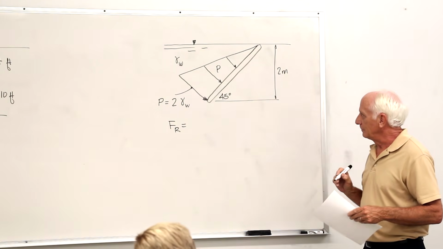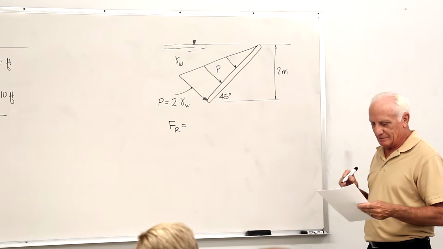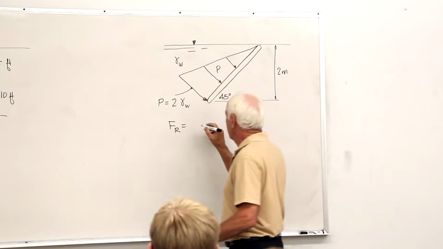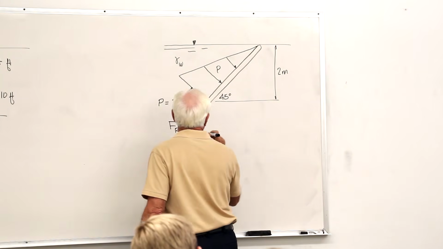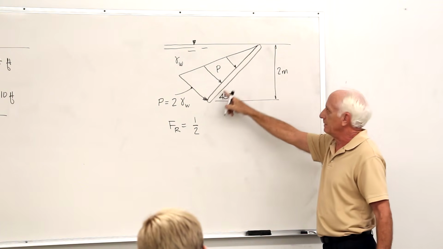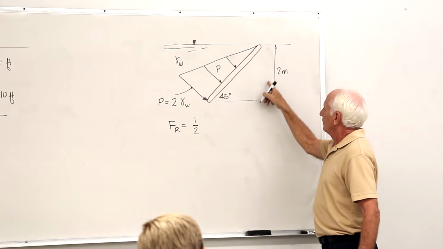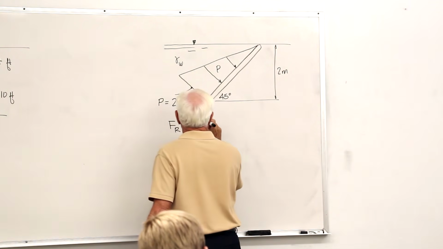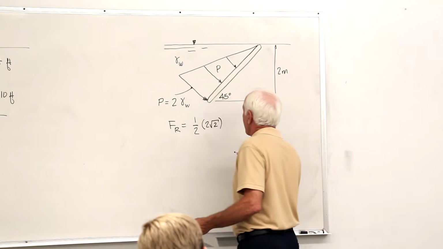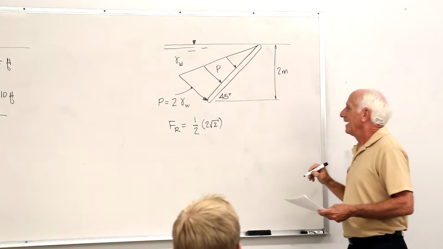is equal to 1/2 base times height. Okay, 1/2 base times height. Base. Okay, here's the base right here. 2 square root 2. I'm sorry, the base. That's the height. What is the?